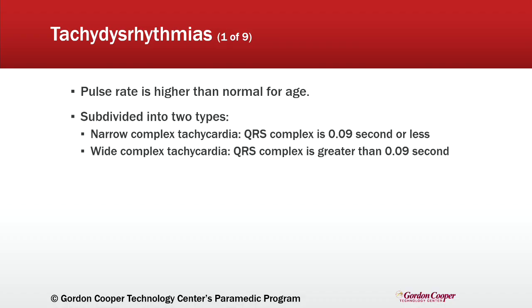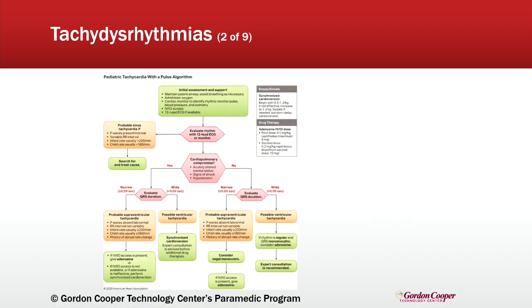Sinus tachycardia is common in children and can be caused by things like fever, pain, anxiety, increased activity, and exercise, but it also may occur as a compensatory response to hypovolemia, hypoxia, heart failure, and even medication effects. So we have to determine whether this is a normal response to something normal, or a compensatory response that is going to require further attention.